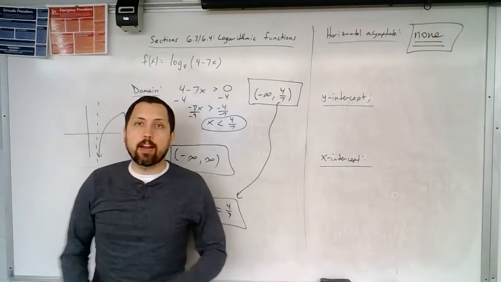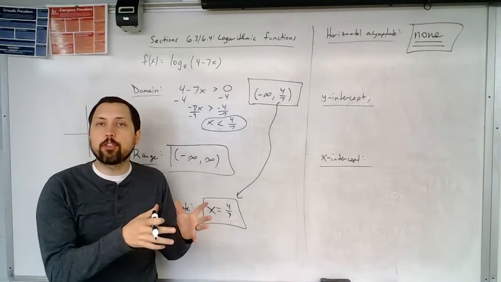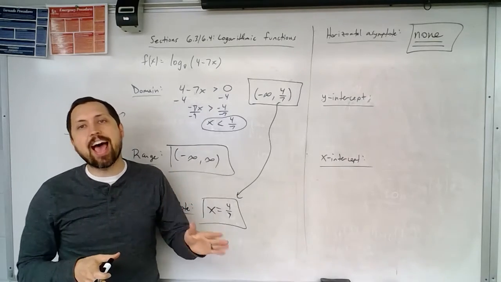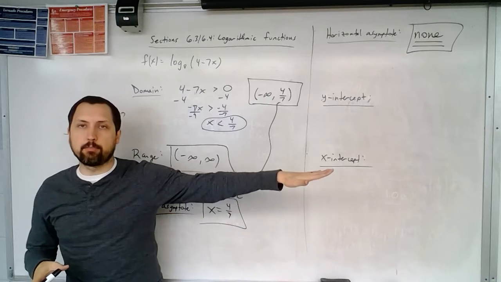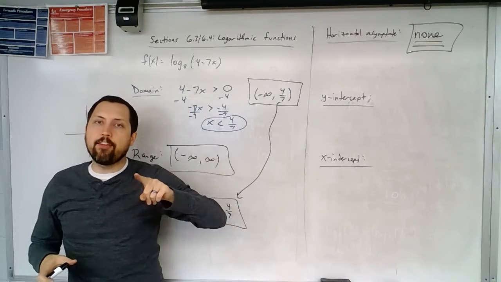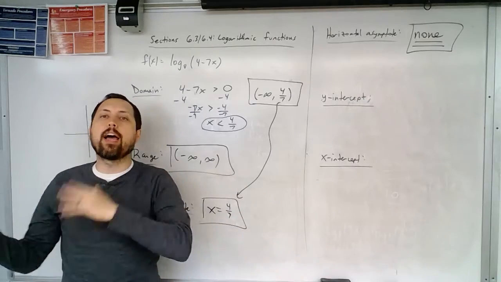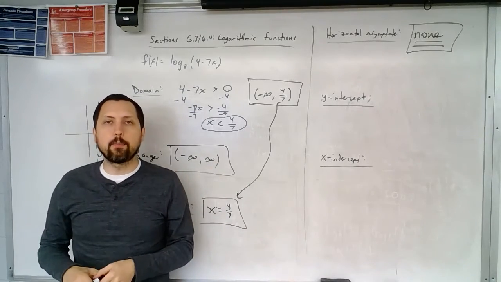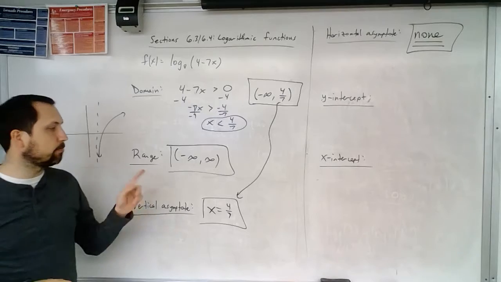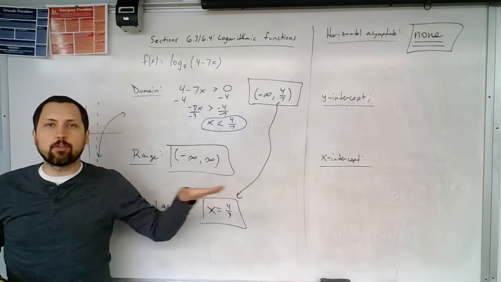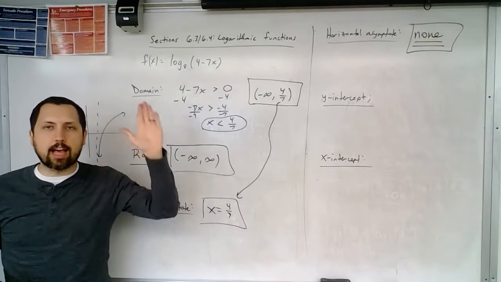And again, remember, if we know exponential functions well, we said exponential functions had a horizontal asymptote. Then if we're switching the x's and the y's when we take inverses, that horizontal asymptote becomes a vertical asymptote.